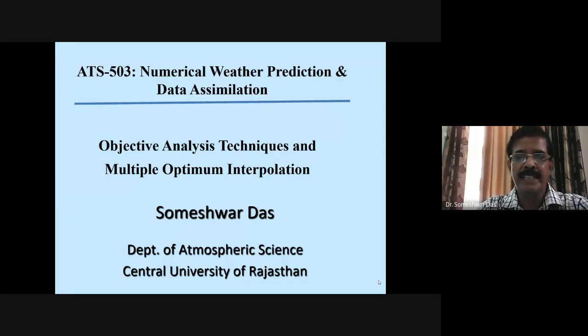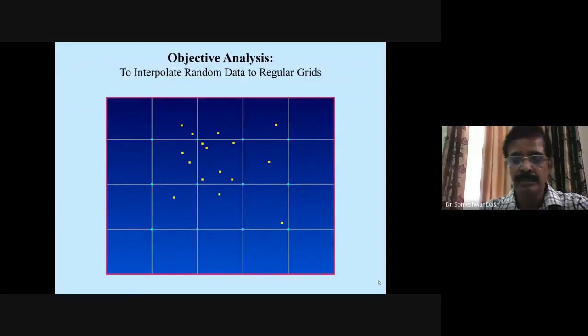But before we assimilate the data, as you know, the data which comes globally from all over the earth are randomly scattered in space.